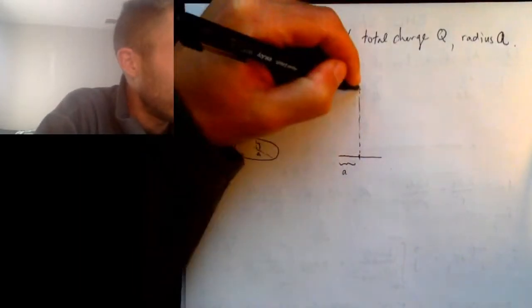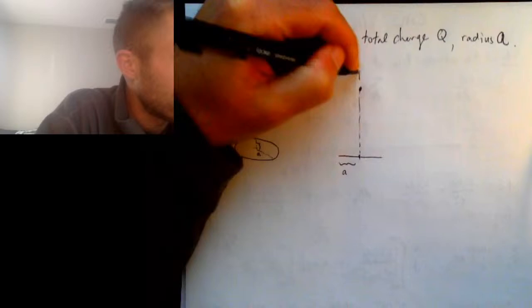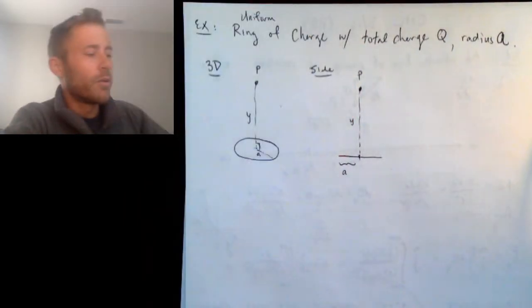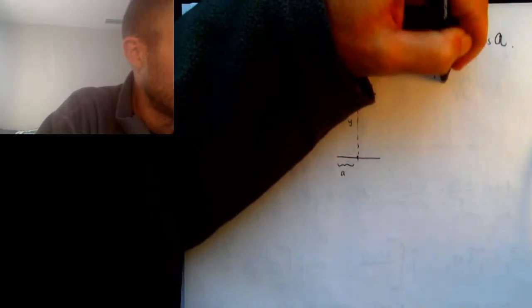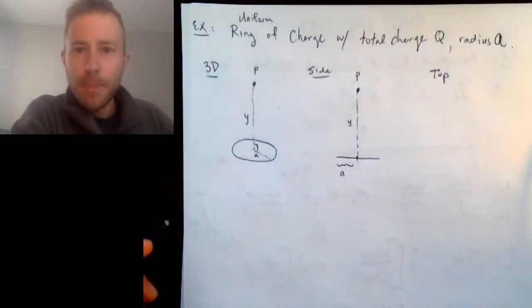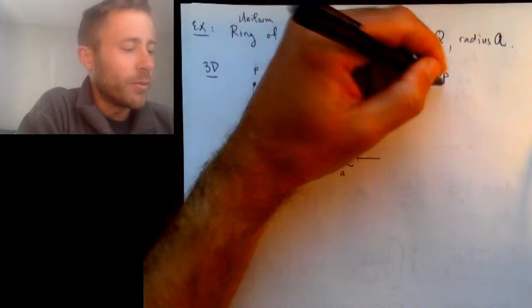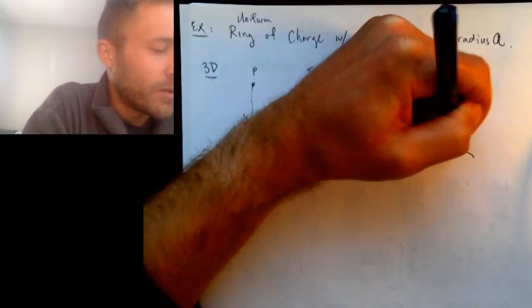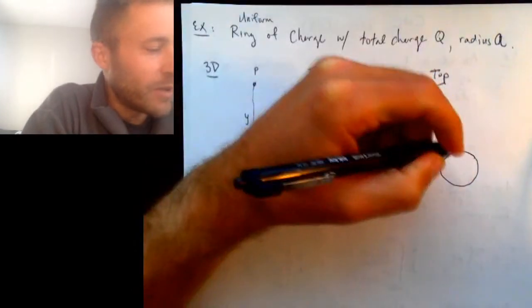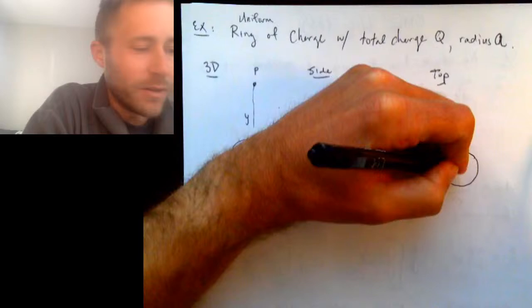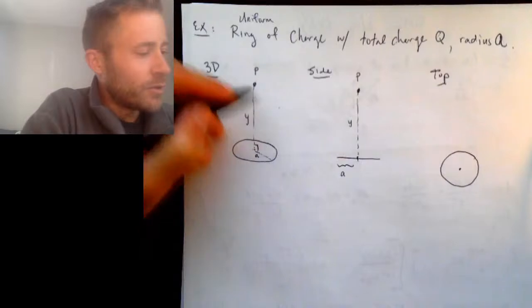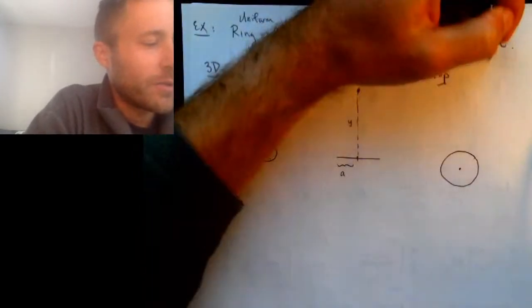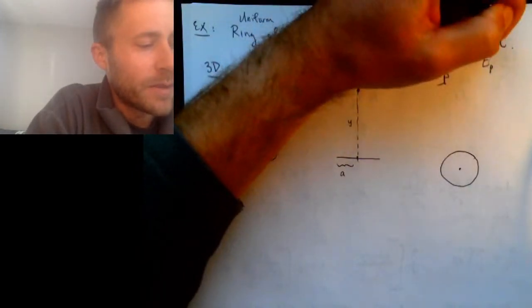And here's a point P. Or we could think about a top-down view where we just have the ring of charge, and then the point P is right there. So what we want to do is calculate the electric field at that point P.